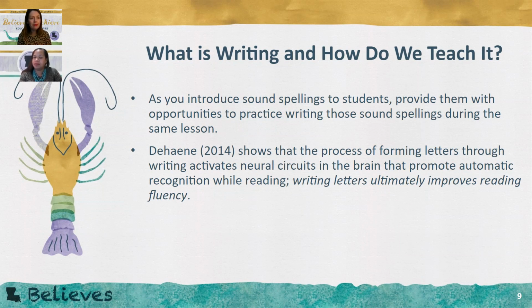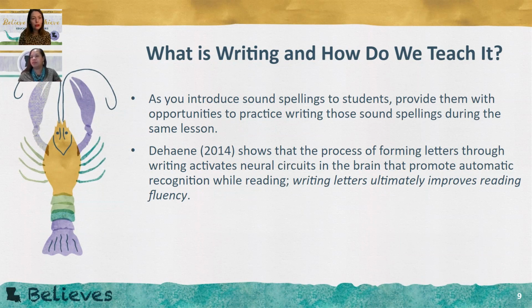But one of our science of reading researchers, Stanislas Dehaene, shows that this process of forming letters, right, even more than just typing them or identifying them by pointing, this process of forming letters through writing activates these neural circuits in the brain that promote automatic recognition while reading.